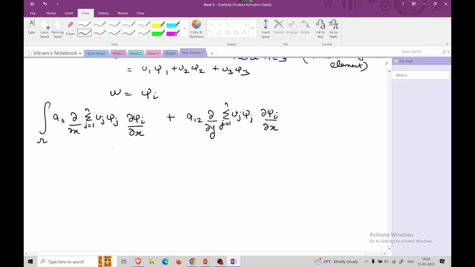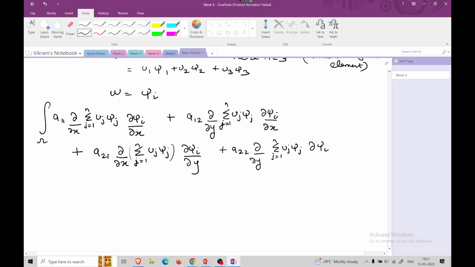Okay, plus a21, this is going to be dou u by dou x, and this is going to be dou psi I by dou y, and a22, both will be dou by dou y, into dou psi I by dou y, plus a00 into summation uj psi j into psi I. This whole thing integrate over the domain.